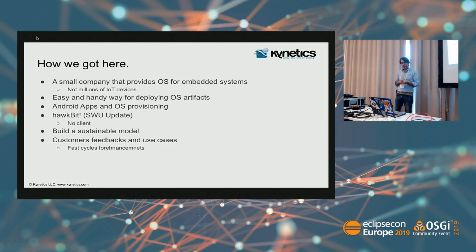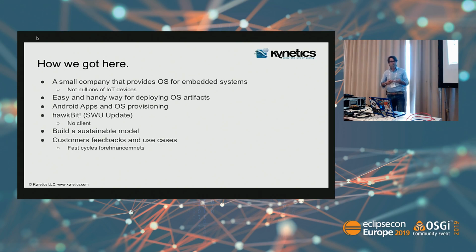So another reason: we started from deploying testing images on customer locations. Then customers got intrigued by this, and they asked if they could use the same thing that we were doing for deploying our OS for their own images in their customer location.